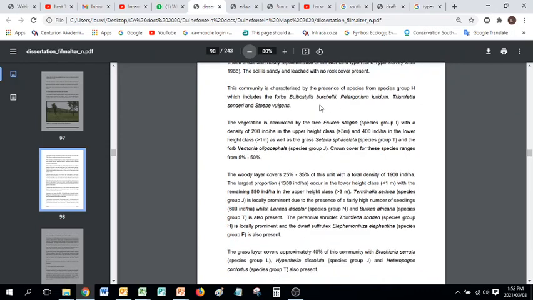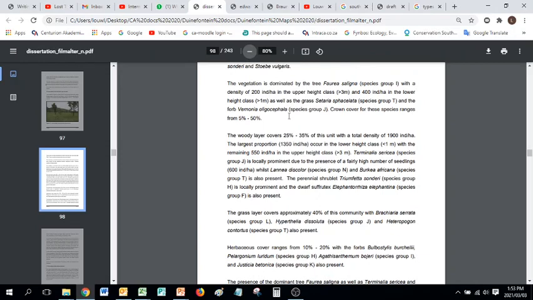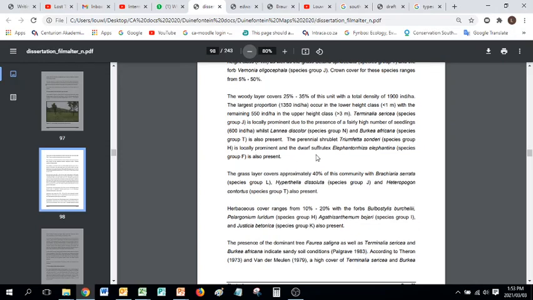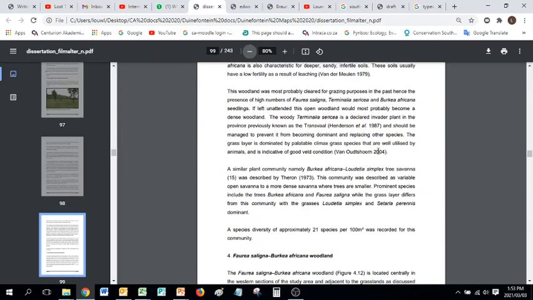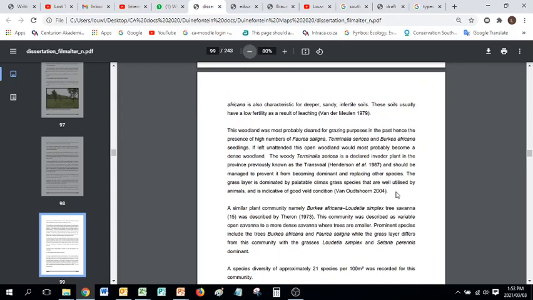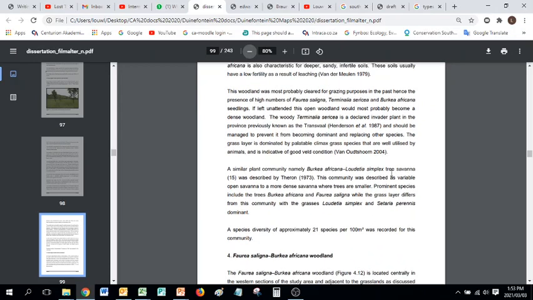If you've recorded that as well, you go and describe common species that are seen. You can include the number of plants per hectare or individuals per hectare, and you can discuss the sensitivity and the woody layer cover. You can discuss any form of alien invasives within that area, and so on and so forth.